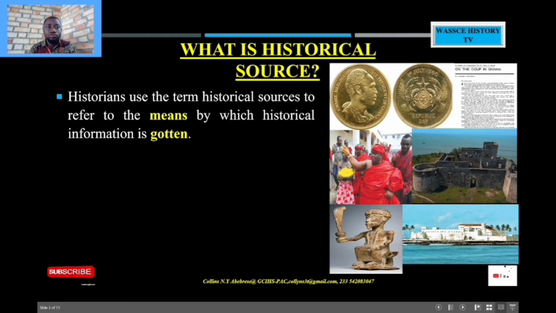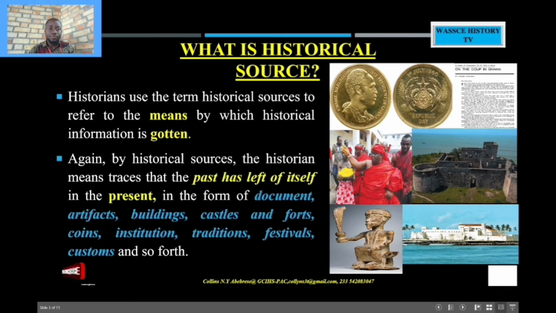The source of water is a well or a river. So the source is where the water is gotten from. And so if historians use the term historical sources, one, it refers to the means by which historical information is gotten. The means by which historical information is gotten is what we term as sources.